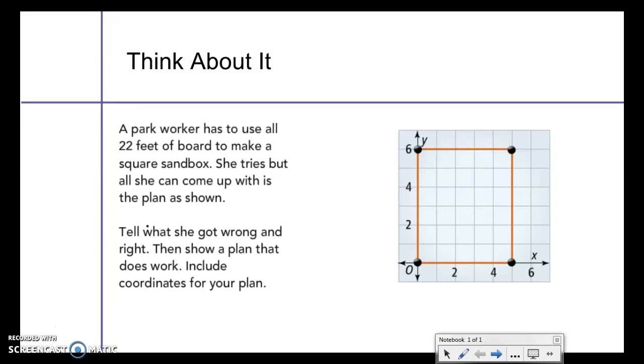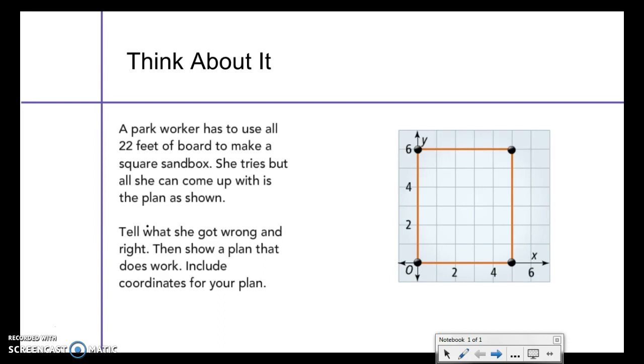A carpenter has to use all 22 feet of board to make a square sandbox. Pause. When you're reading the directions on some of these questions, I've noticed that we're not really reading them very carefully to figure out what the question is giving us.